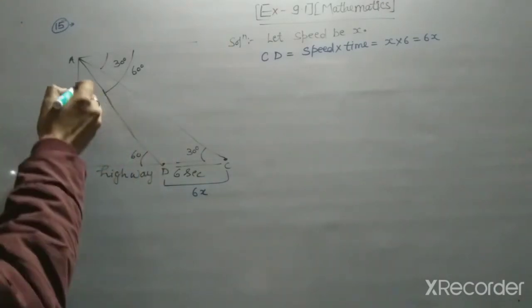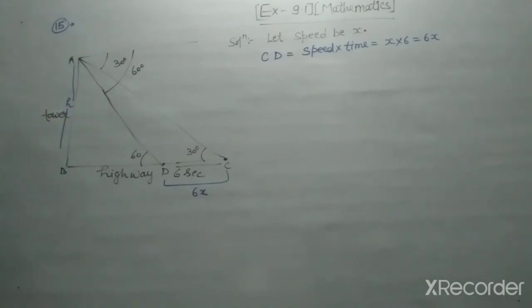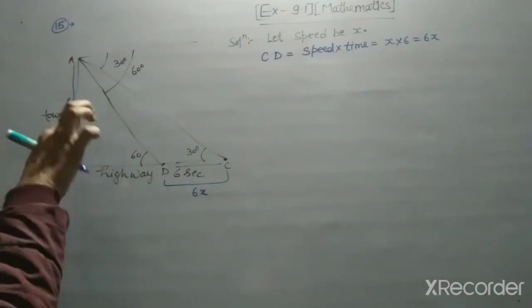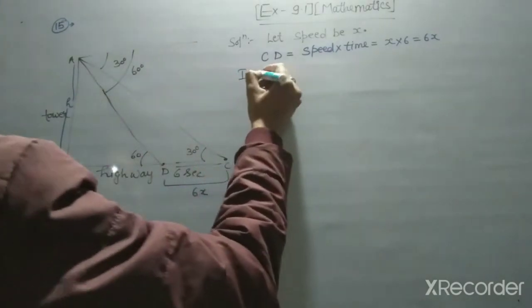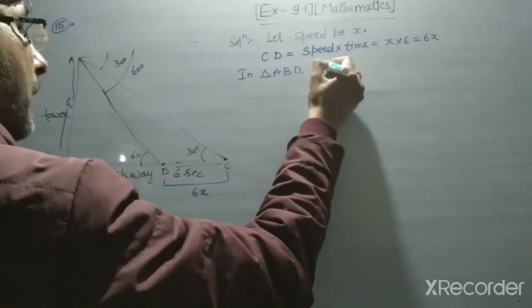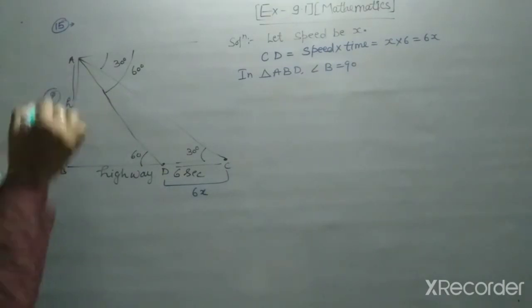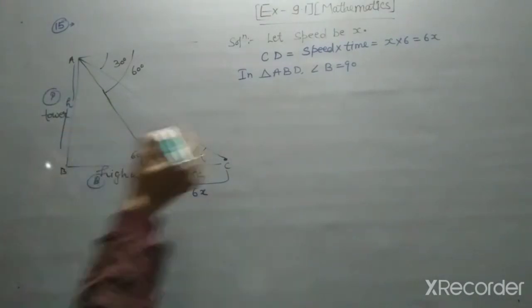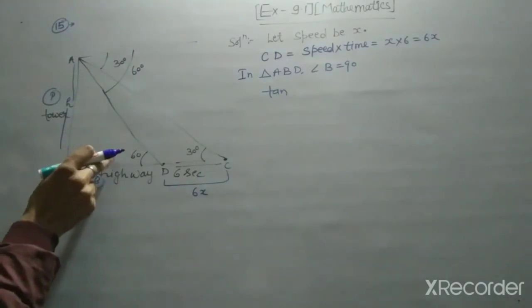Okay, so we suppose the height of the tower is h, and then we have to find the distance. So first of all we take this triangle. In triangle ABD, angle B is equal to 90, this is your perpendicular and this is your base. What is the relation between these? The tan relation is here, and theta is 60.